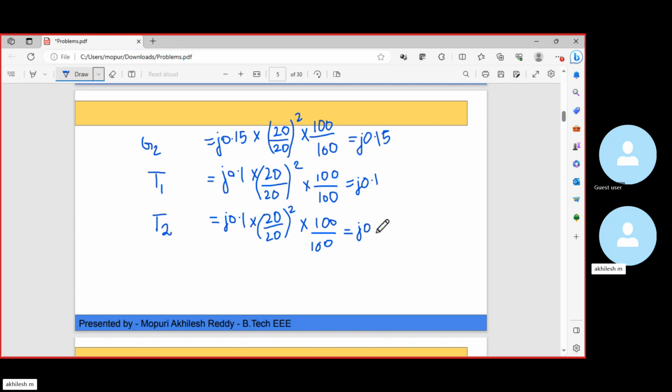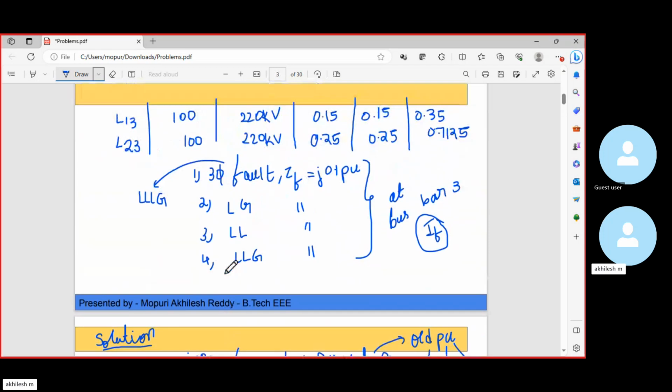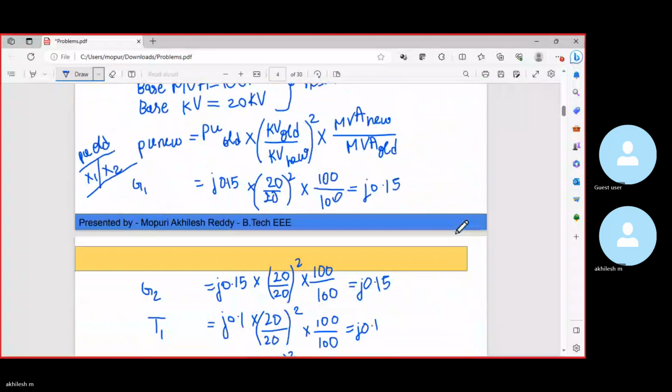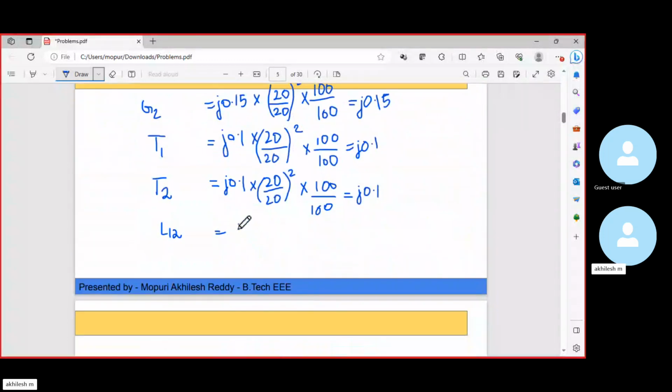Now coming to line 1 and 2, what is the per unit value between line 1 and 2? Let us check. It is 0.125, so it is j0.125.